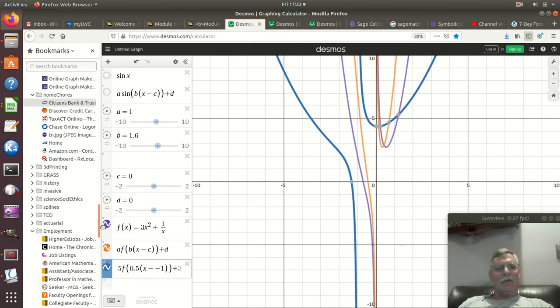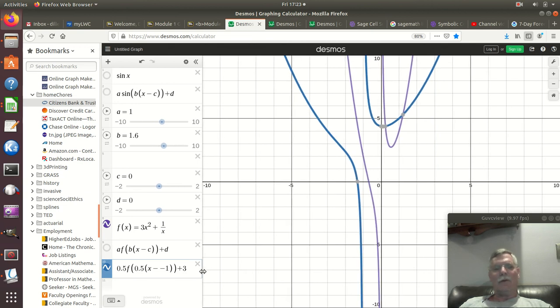And get rid of that because it's just getting in our way of seeing. So here was the original, and now here is how I moved it. Let me make that a little wider so we can see the whole thing.